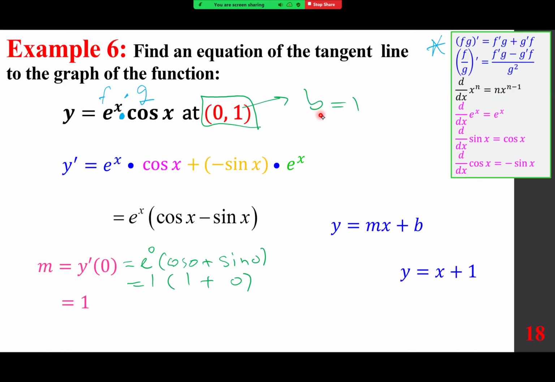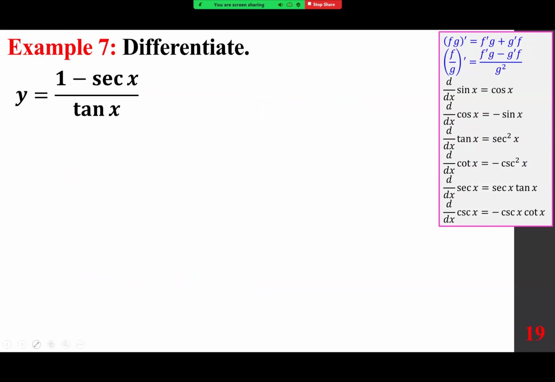Differentiate y equals 1 minus secant x over tan x. We are going to write this as f over g and use the quotient rule.